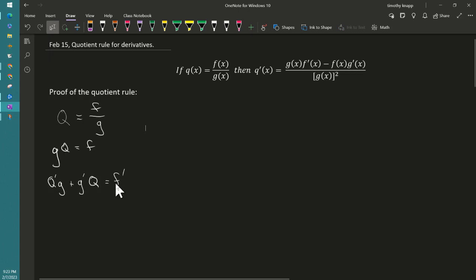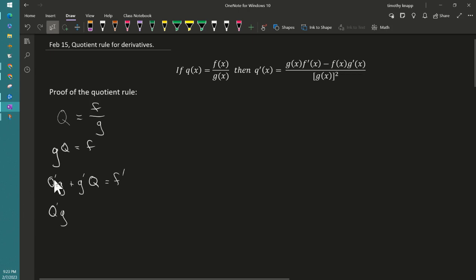Now, what I think I'll do here is subtract g prime q over to this side. What I'm trying to do is isolate q prime, because that's what I want to find: the derivative of q, if q happens to be the quotient of two functions.